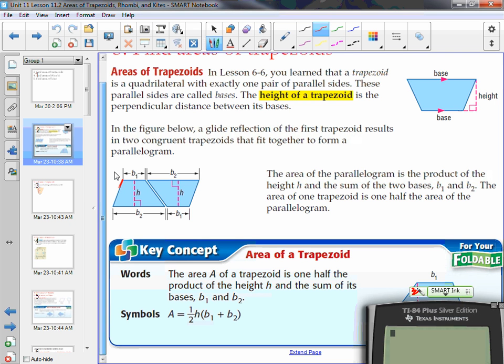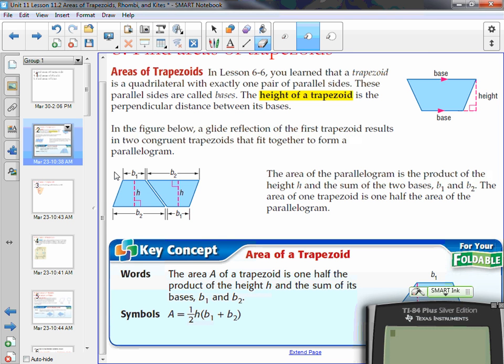So they started with this trapezoid, they cloned it, they scooted it over, flipped it over, and this other trapezoid is identical to it. They're congruent. Then, when you mash them together, that's a parallelogram. Assuming now there's not actually a gap between them.